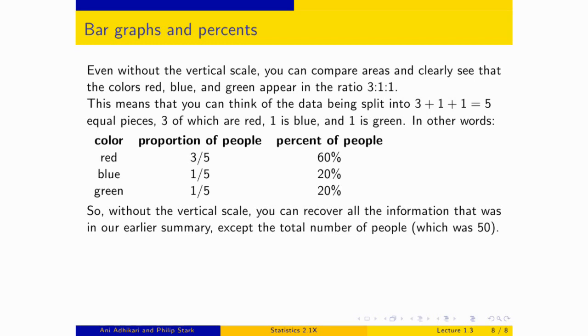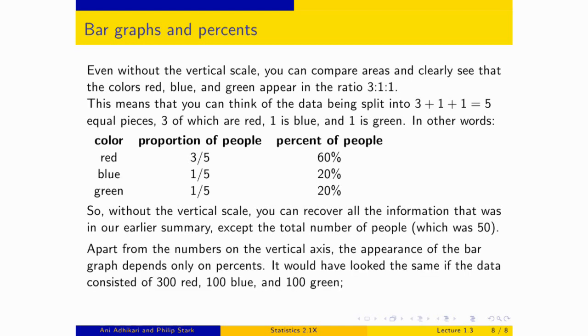And this leads to an important observation, which is that the bar graph, the sizes of the bars, depend on percents, not on exactly how many, not on counts, but on percents, so the count relative to the total. So that bar graph would have looked the same if you had started out with 300 red, 100 blue, and 100 green.